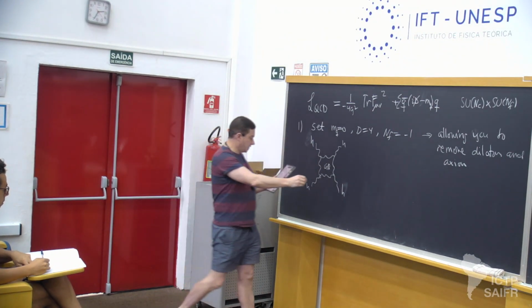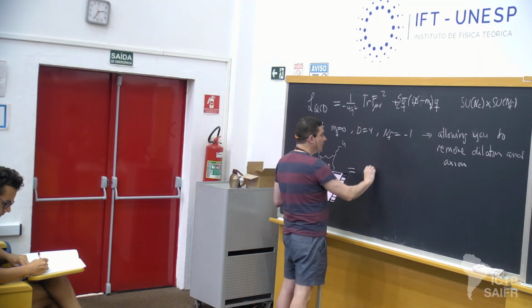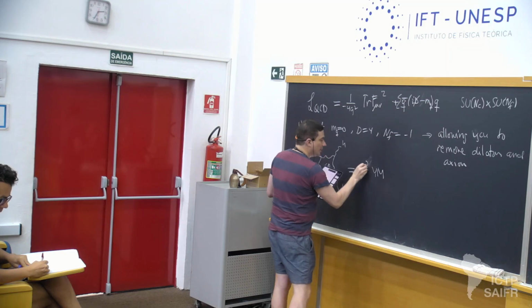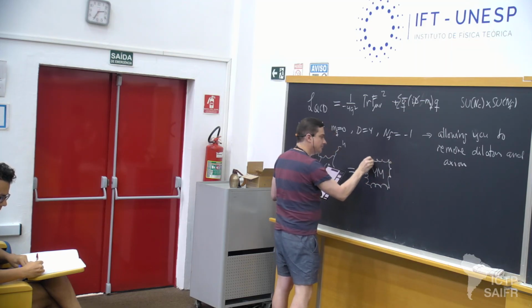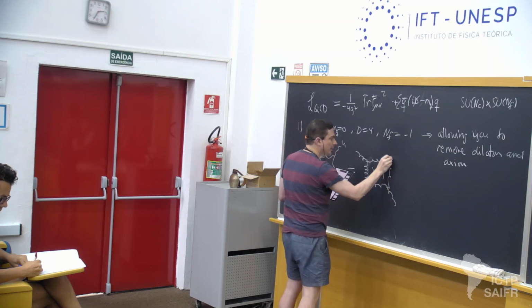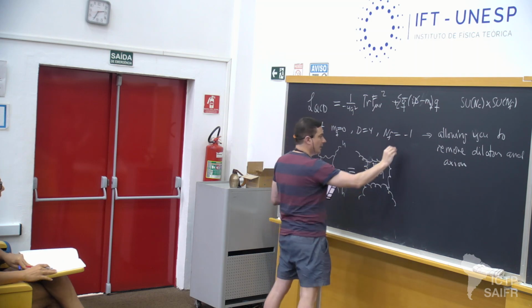So the prescription here is that you essentially just start with a pure Yang-Mills diagram, and I guess I should draw them curly. So this is just pure gluon here, so pure Yang-Mills.